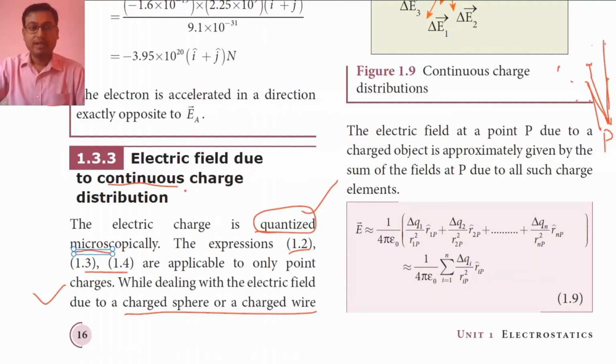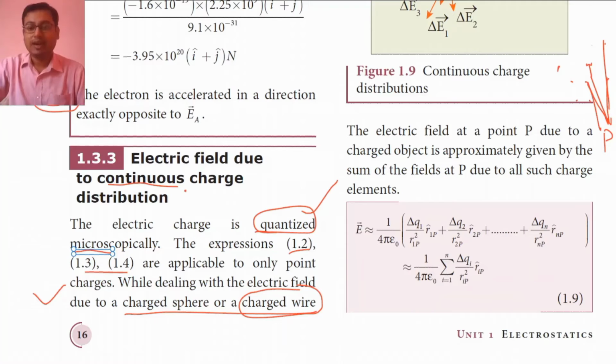Once when the point P is at the center of the sphere, then when the point P lies on the sphere, or when point P lies outside, at any point from the center of the sphere. Or a charged wire. Charged wire means we have a long straight wire of finite or infinite length, and an arbitrary point P is lying outside this charged wire.